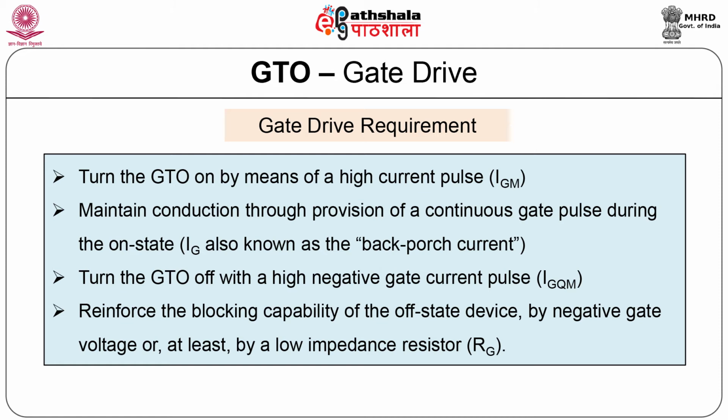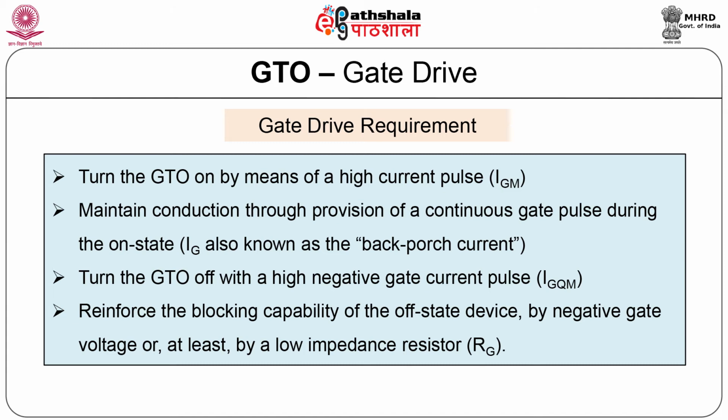If you see the turn off characteristic, that is the switching characteristic, it is complicated. It will require high peak negative gate current with high dig by dt as shown in the figure. GTO takes a long time to turn off.